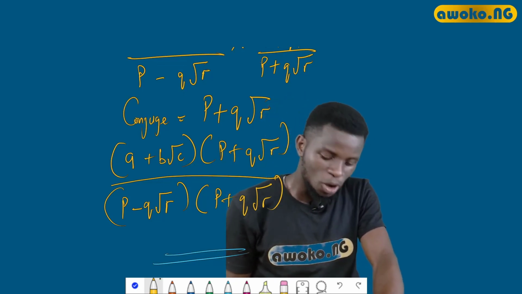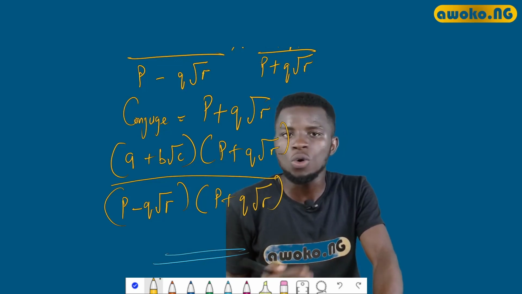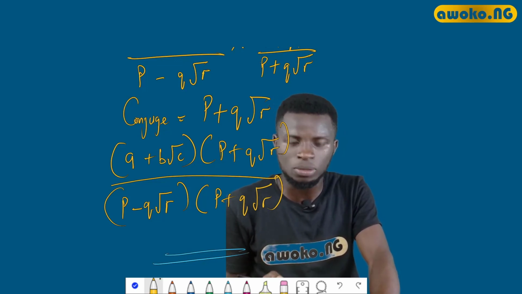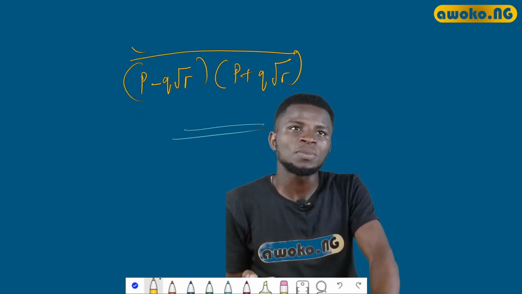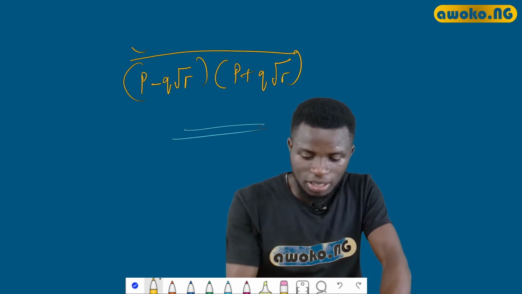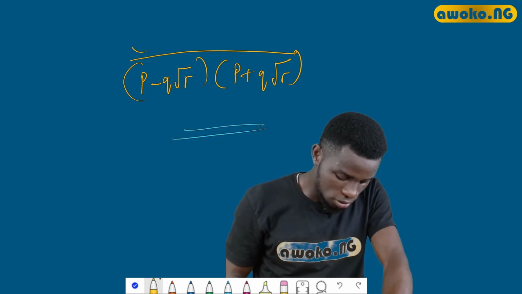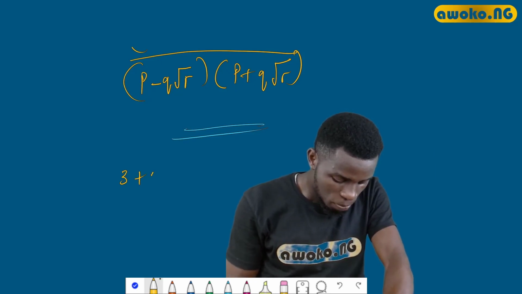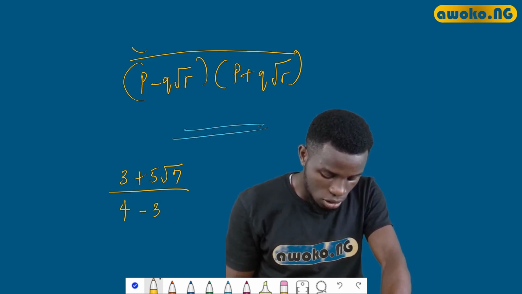Alright, so we've come to the end of the class on Surds. I would like you to go over as many problems as possible. One of the ways they can manipulate this Surds problem is after giving you a problem. Let's say we have, which problem can I use? Okay, let me use this: 3 plus 5 root 7 all over 4 minus 3 root 11.